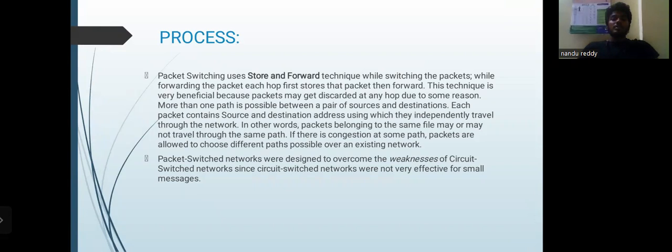Each packet contains the source and destination address, using which it independently travels through the network. In other words, packets belonging to the same file may or may not travel through the same path. If there is congestion on some path, packets are allowed to choose different possible paths over the existing network. Packet-switched networks were designed to overcome the weaknesses of circuit-switched networks, since circuit-switched networks were not very efficient for smaller machines.